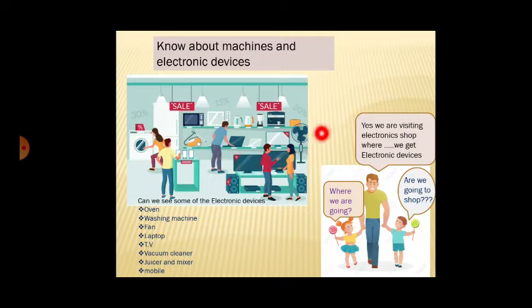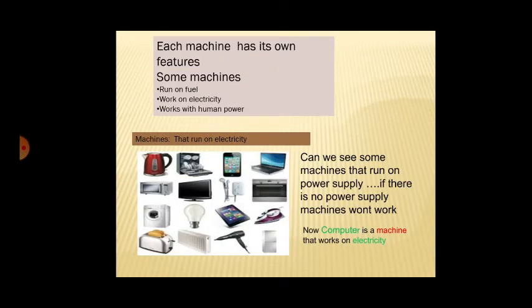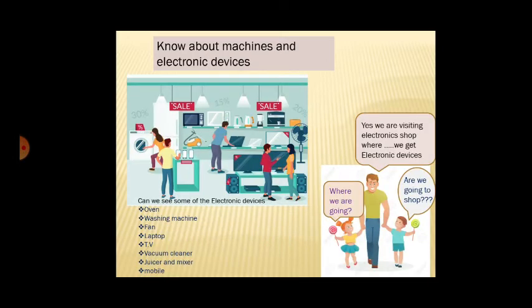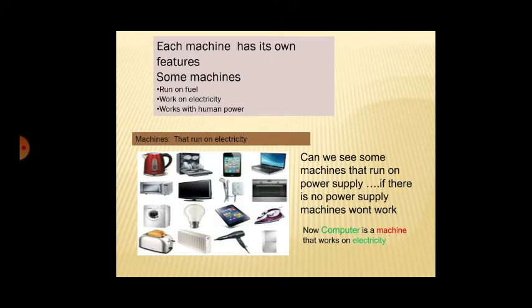Can you see all the machines here? Each machine has its own feature. Some machines run on fuel, some work on electricity and some work with human power. Is it right? Yes, we can see some electronic devices and each has its own features. Like the washing machine is used to wash clothes, we use the vacuum cleaner to clean the house, and we use the juicer to make juice, etc. So all these devices have their own features.